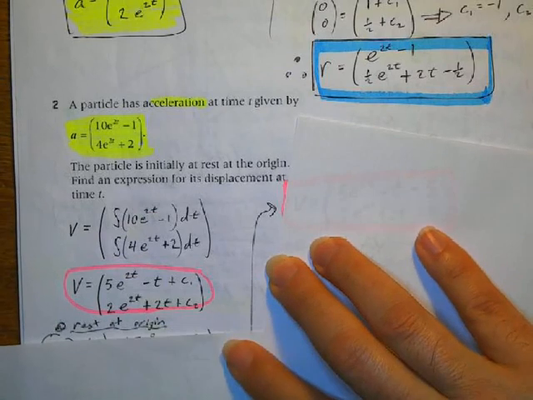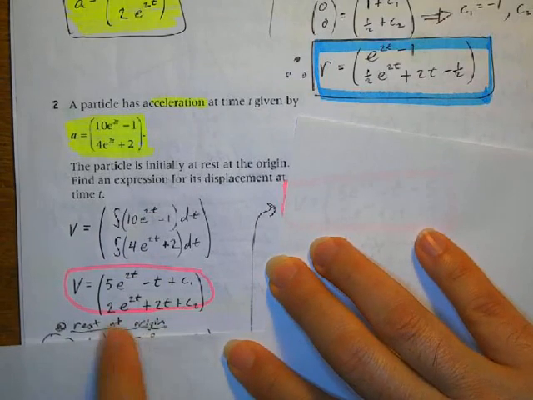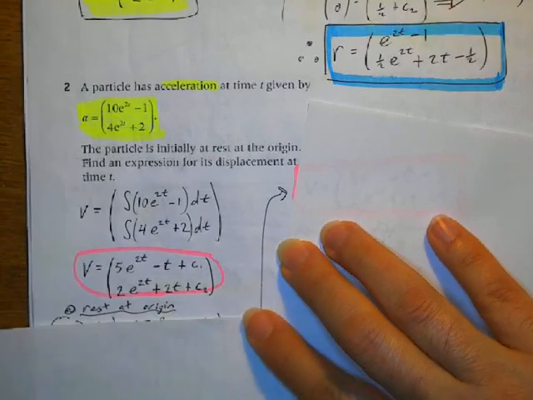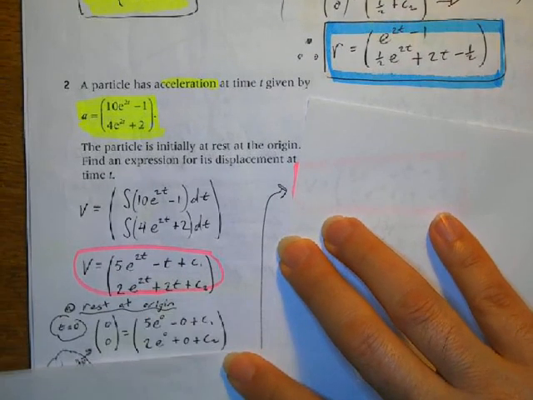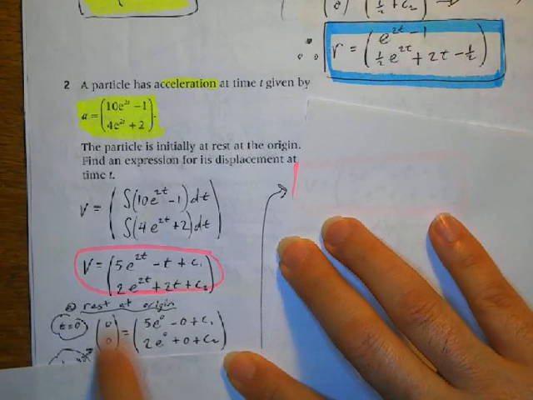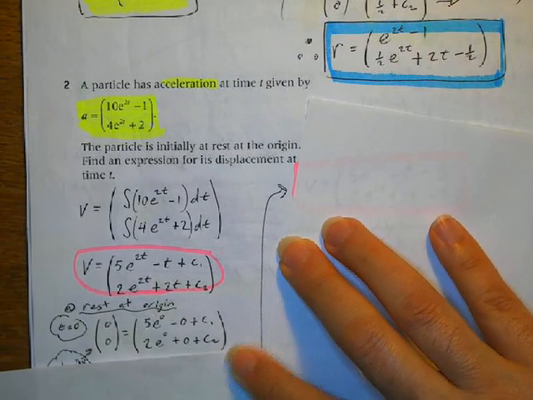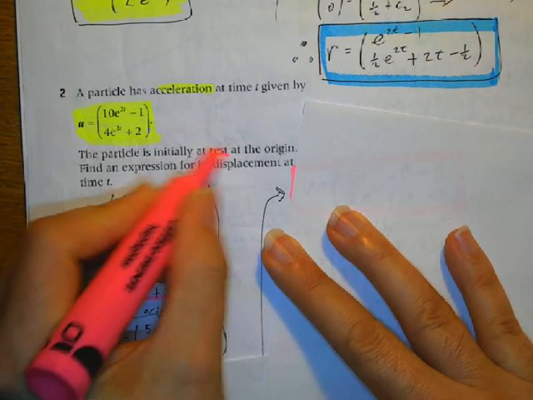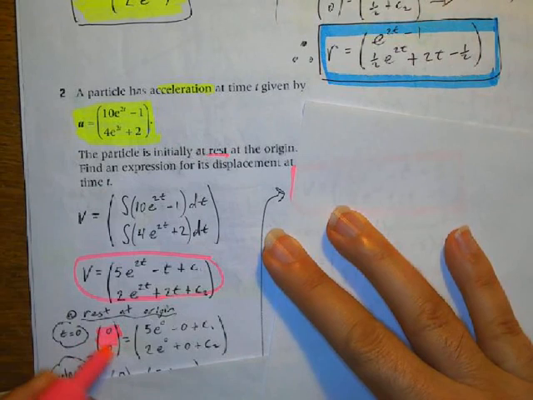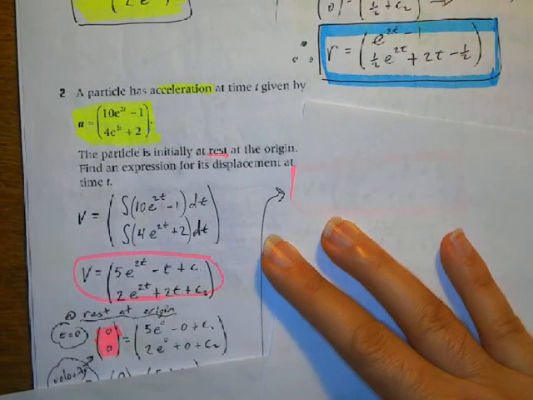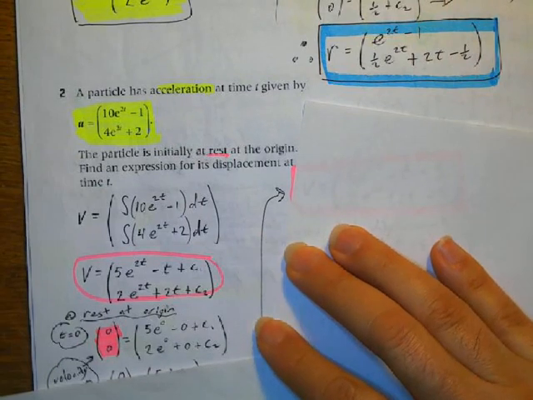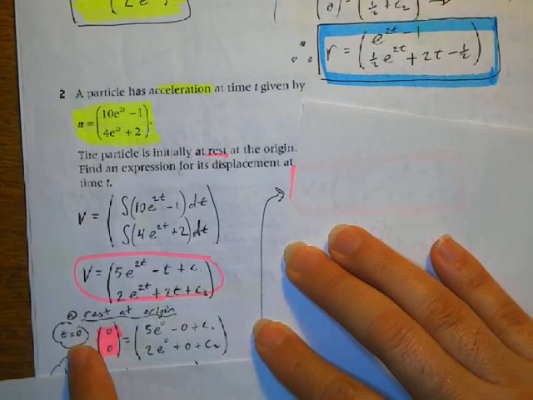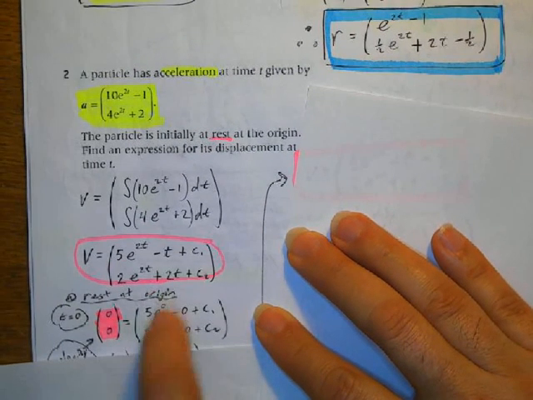Okay, so at time equals 0, it is at rest. If something is at rest, it's got a velocity of 0. So I'm replacing this v value with 0 and 0 because it is resting. So I'm going to put in 0 in place of t, and then anything to the 0 power is 1.